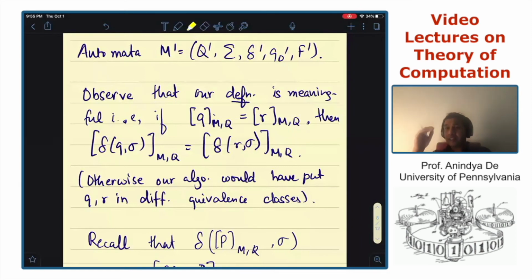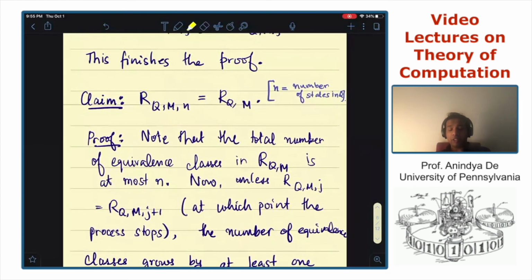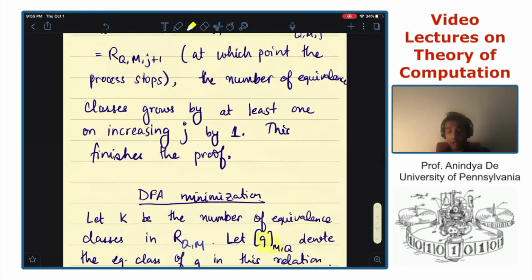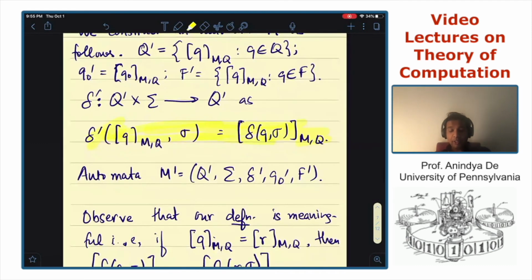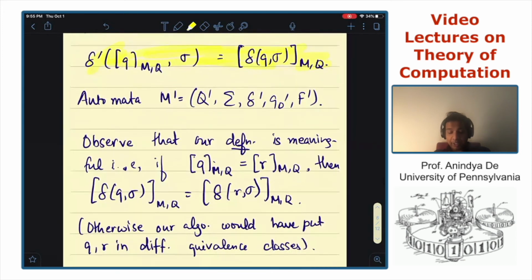Then our algorithm for constructing the equivalence relation R_{Q,M} would have put q and r in different equivalence classes, because on reading a symbol sigma from q and r, you reach states which are in different equivalence classes.